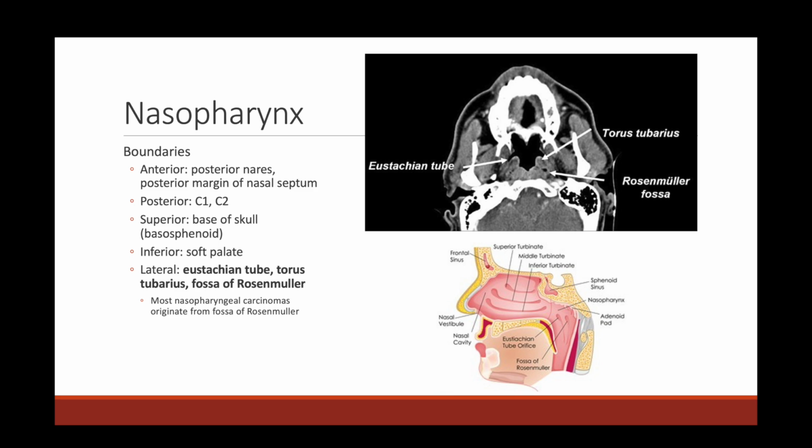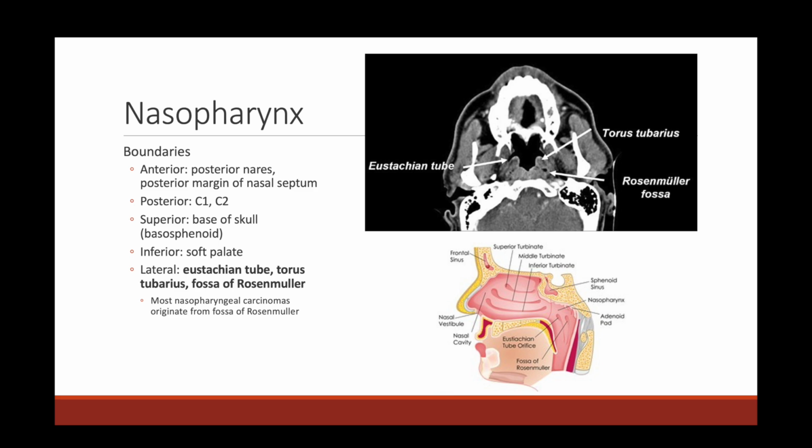In terms of the anatomy of the nasopharynx, it's important to talk about the boundaries of the nasopharynx, right? And be able to draw that box and say everything within that box counts as this type of cancer. So the anterior boundaries of the nasopharynx are the posterior nares and the posterior margin of the nasal septum.